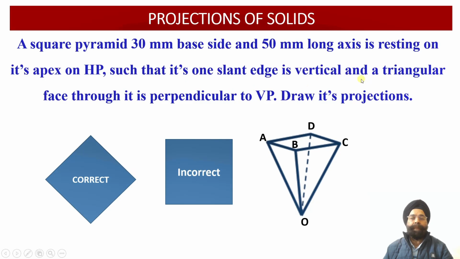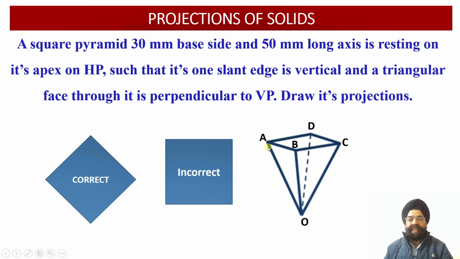Now in the second orientation, we have been provided with the information that the triangular face containing the slant edge which is perpendicular to the horizontal plane becomes perpendicular to the vertical plane. You can see over here, in the first instance we had made the slant edge O dash A dash, that is the OA slant edge, perpendicular to the horizontal plane, or vertical. Now there are two triangular faces available.